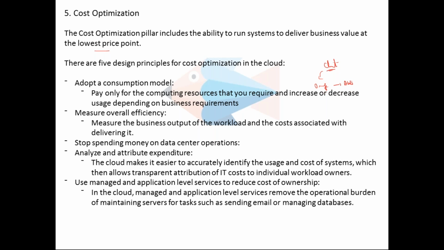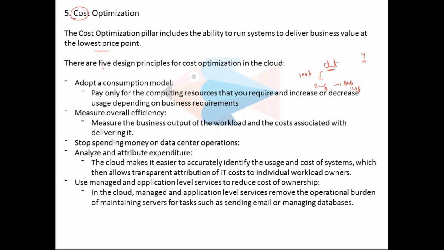The client is just paying $100 per month, let's assume, and you're paying $110 to AWS, which is not at all a good thing. Even if you follow the last four pillars, if you're not following this pillar, it's a blunder. So this cost optimization pillar is also equally important.